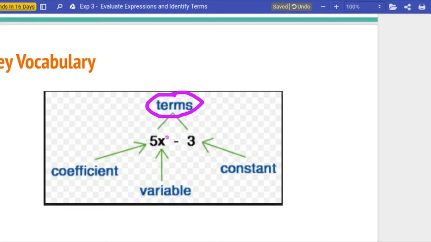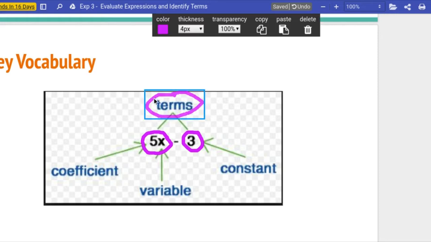So in this expression, we have two terms. 5x would be a term, and 3 would be a term separated by the subtraction symbol. 5x is together. It's stuck together. Those are partners, and so they stay together. They are one term together by themselves. So that is what a term is.